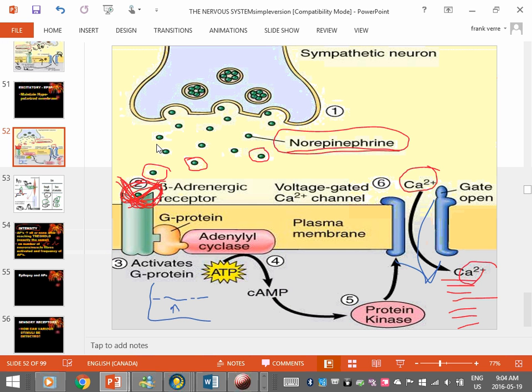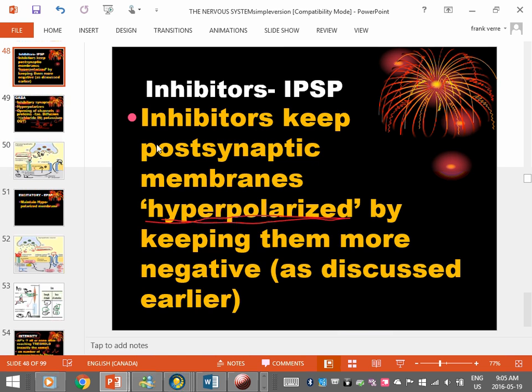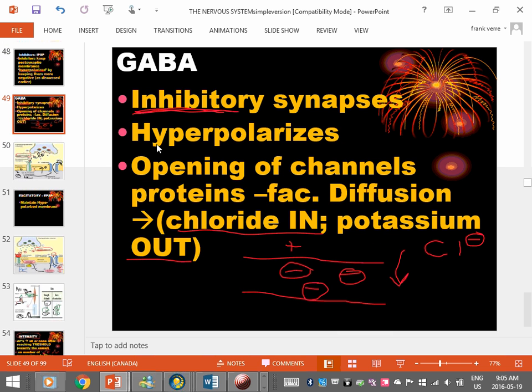How will they do that? Will they hyperpolarize them or hypopolarize them? Will they push the voltage further away from threshold or closer to threshold? Remember we talked about two types of neurotransmitters, those that promote action potentials and those that inhibit. Like GABA inhibits because it makes the neuron more negative.